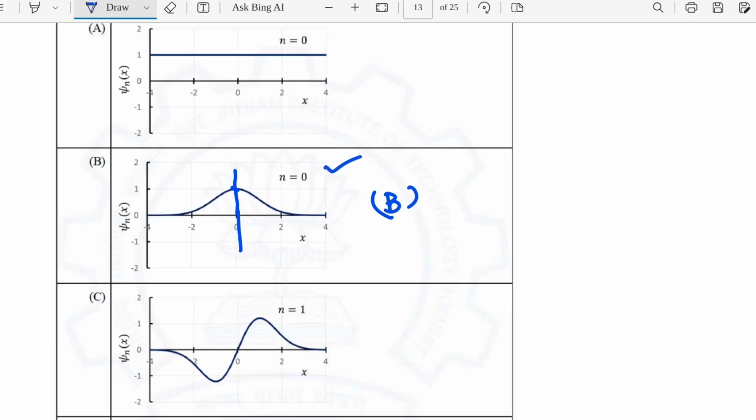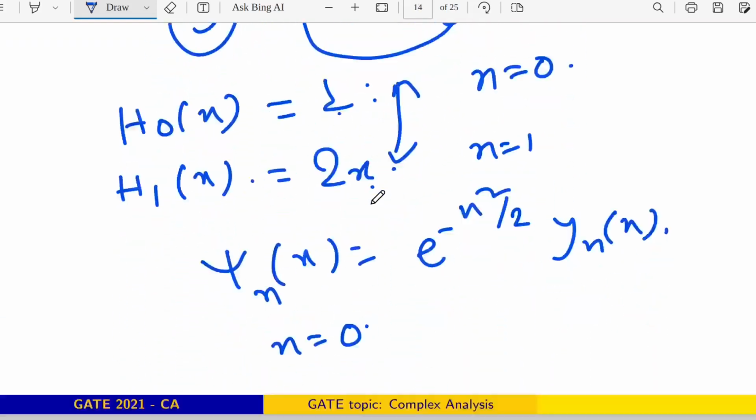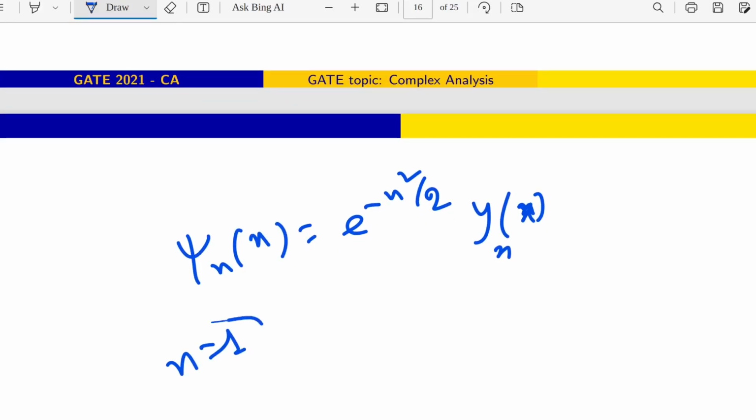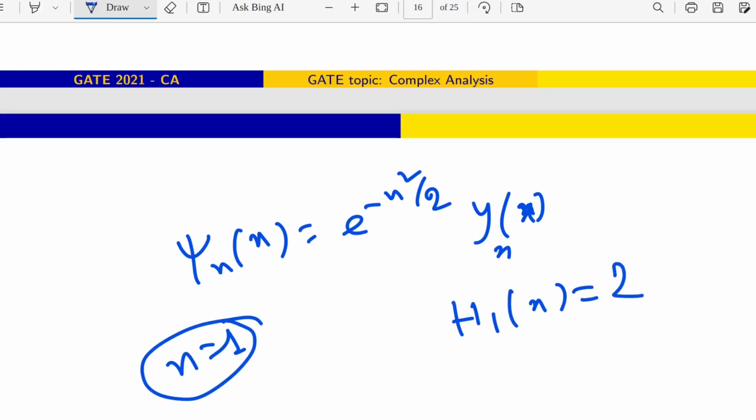Now coming to the n equals 1 mode. psi_n(x) was e to the power minus x square by 2 into y_n(x). Now at n equals 1, H_1(x) was what? H_1(x) was 2x.